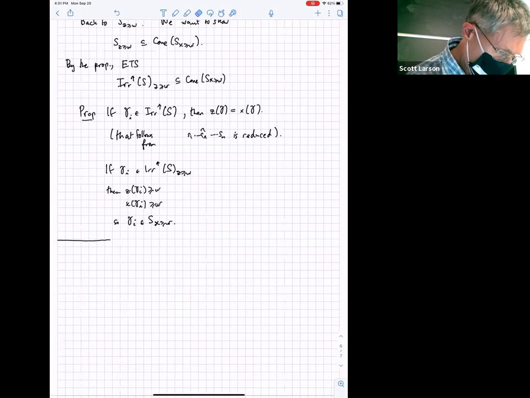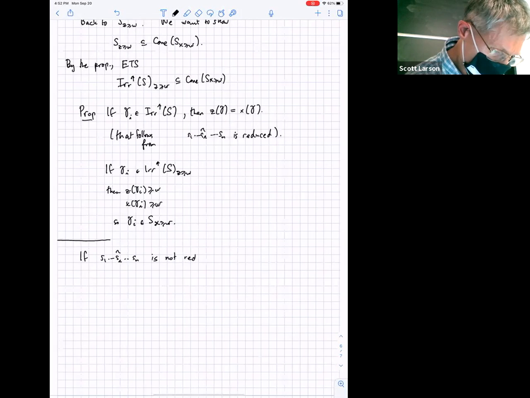So if S1 up to Si hat up to Sn is not reduced, then what happens?